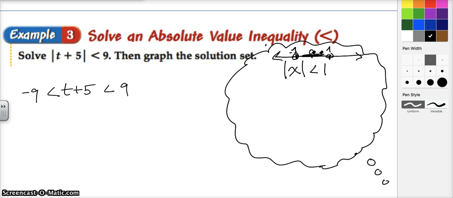All of these can work, because as soon as I get out of that boundary, the number is too big when I take the absolute value of it. So in a sense, x is somewhere between 1 and negative 1.